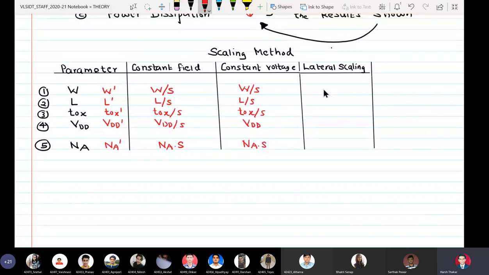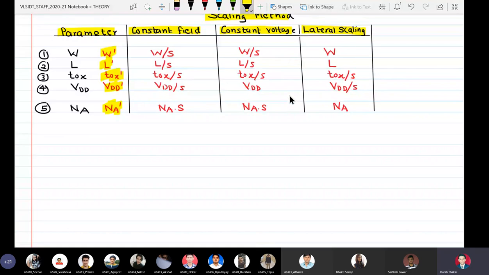Lateral scaling: only Tox is scaled down, so the new value is same as old for W and L, Tox by S, VDD by S, and this is equal to NA.